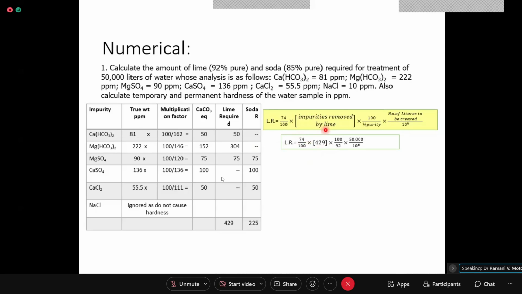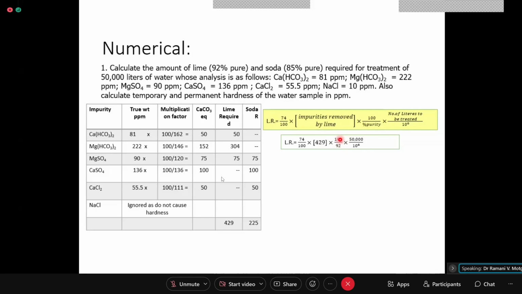Now this part is already done in this column, so always make a habit of solving it in tabular form, so that in the column itself things are very clear, and for me also correction becomes easy if you write it this way. So you simply write this value 429 of lime required into 100 by 92.